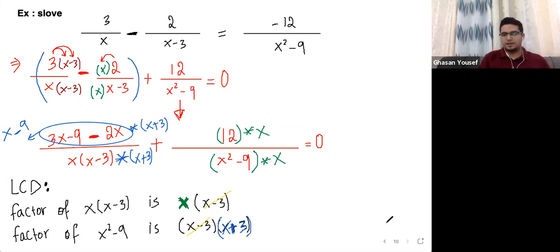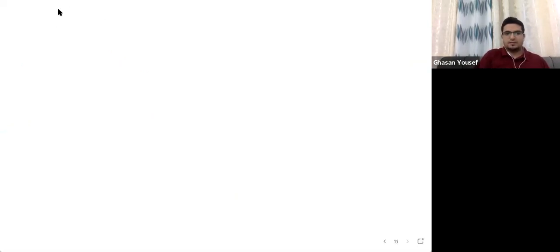Now let's simplify the answer. So let's multiply x minus 3 by x minus 9, and the same thing for this numerator, 12 times x. I'm going to move to the next slide. So here I can get one fraction only, equals 0.